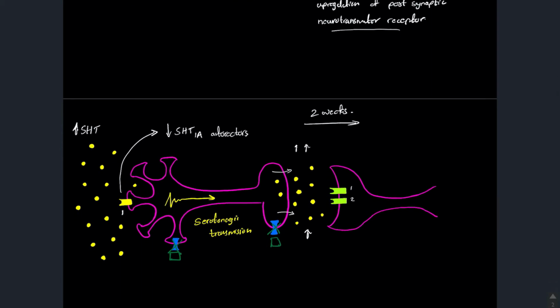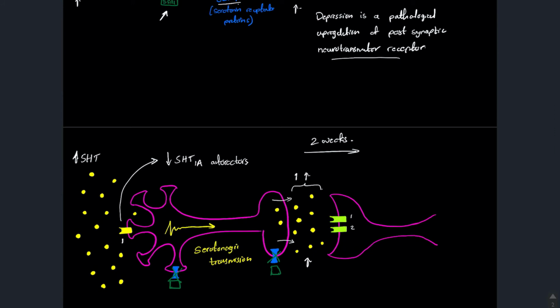Now, another thing that needs to be discussed over here is that when there is this increase in serotonin in the synaptic cleft, the process of downregulation of the 5-HT1A receptors takes about 2 weeks.